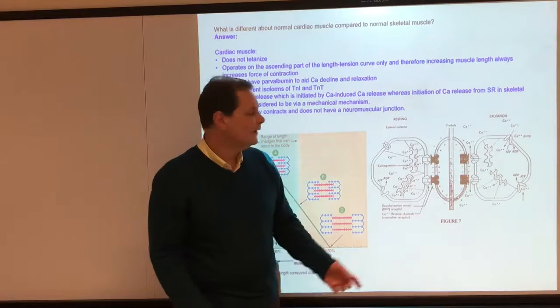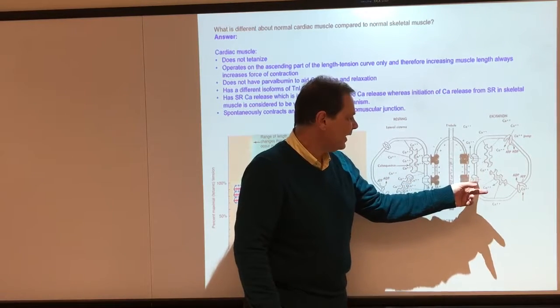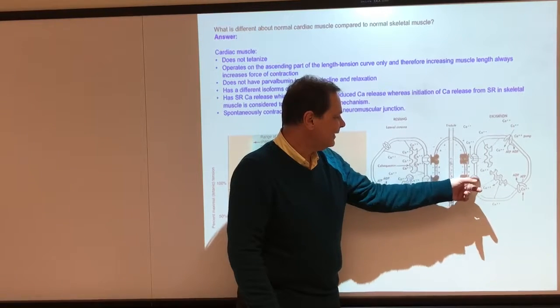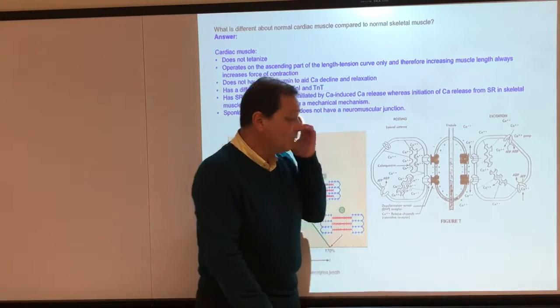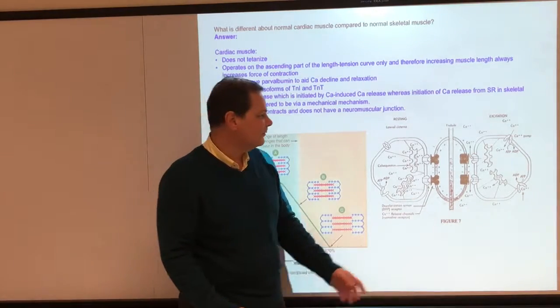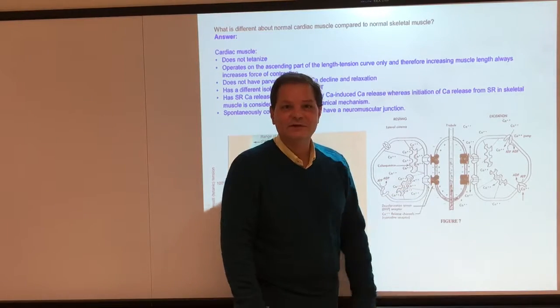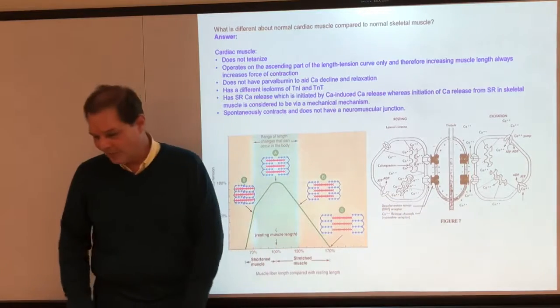It's a calcium channel. And calcium influx takes place, it accumulates in the cleft, it binds to the ryanodine receptor, and then it's the calcium binding to the ryanodine receptor that causes the calcium release. That is not what initiates calcium release in skeletal muscle. In skeletal muscle, it's a direct connection. You don't need calcium influx in order for calcium release to happen, okay?